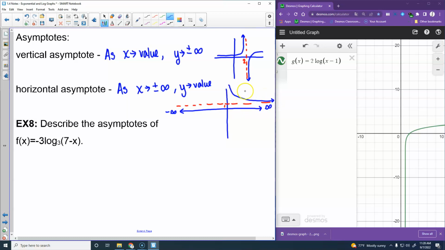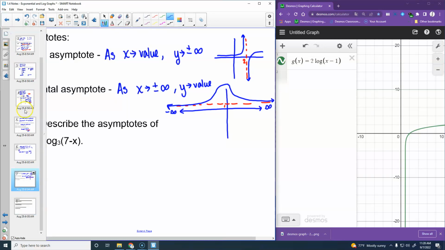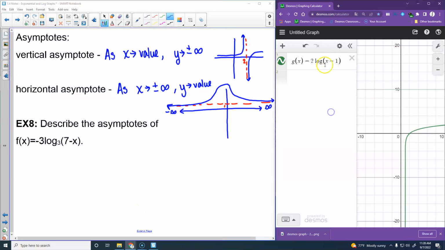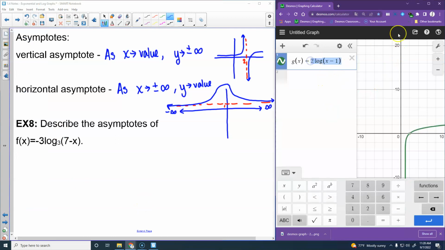In this case, it's 1. Over here, you could also have the same thing in the negative direction. Okay.